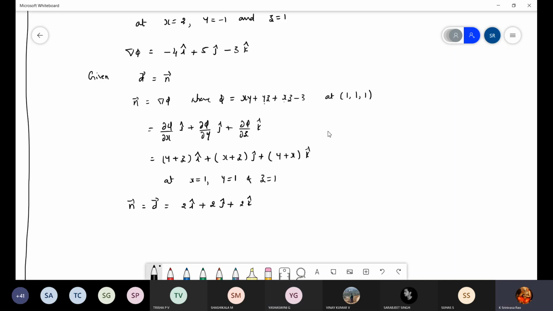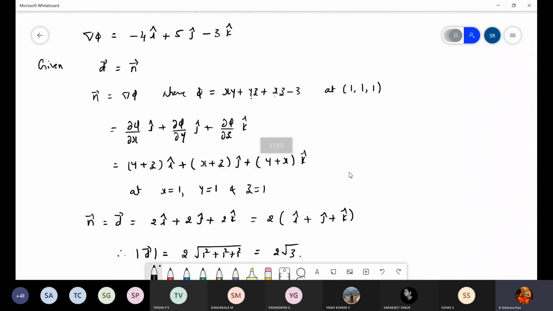So you can take 2 common, because the common number is there, i plus j plus k. Therefore, the magnitude of d equals 2 into square root of 1 square plus 1 square plus 1 square, so that gives 2 root 3.